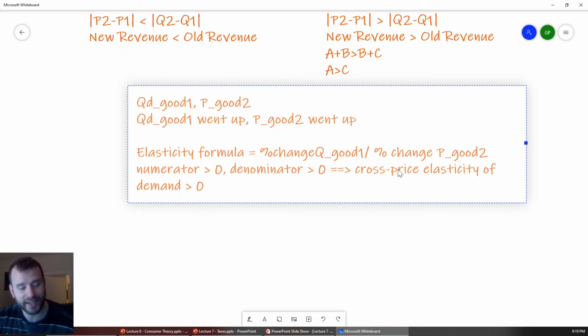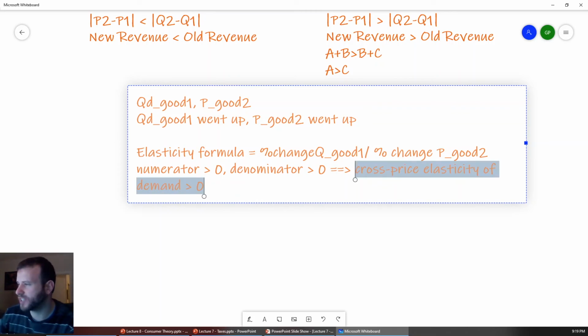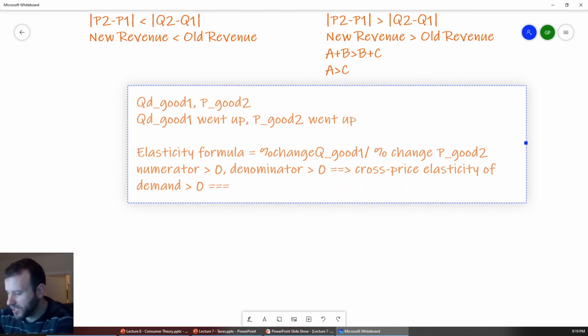If the price of Macs goes up, I'd expect to consume more Dells. They're substitute goods, so when one price goes up, the other's quantity demanded goes up. So a cross price elasticity of demand greater than 0 means you have substitute goods.